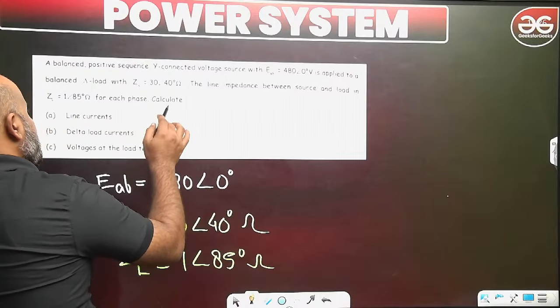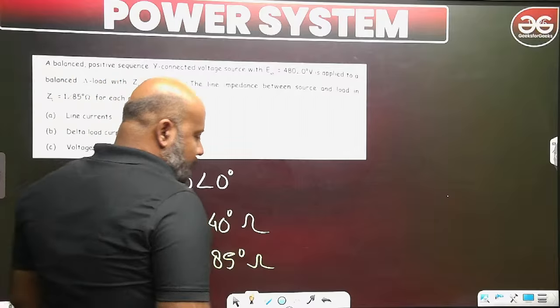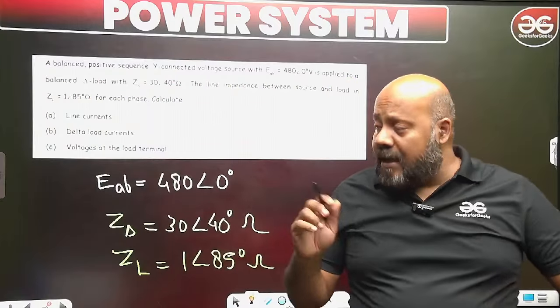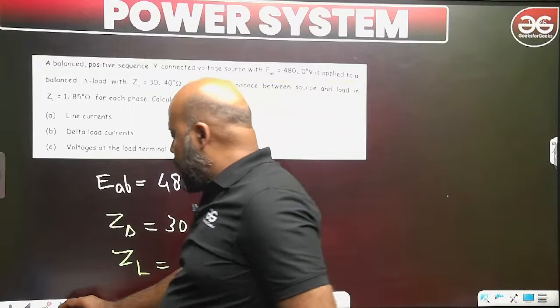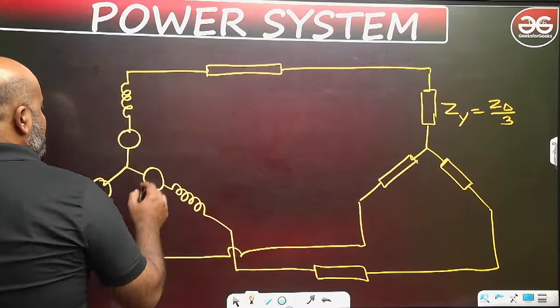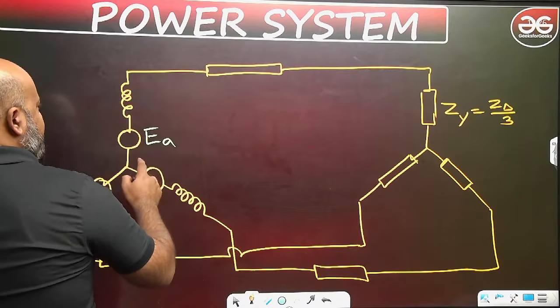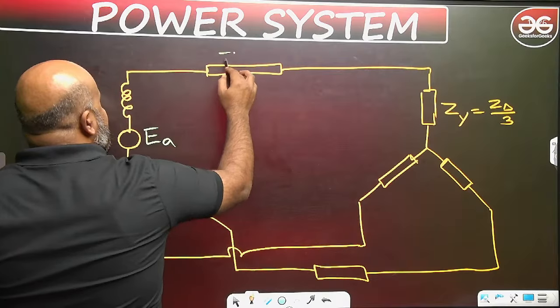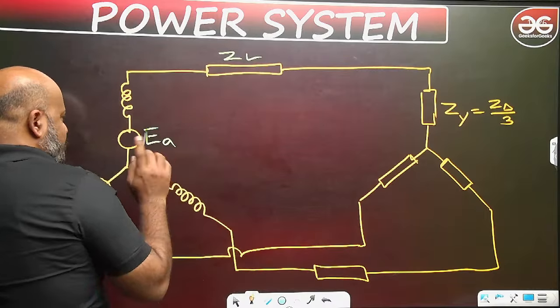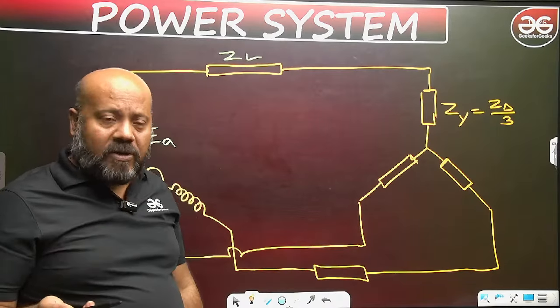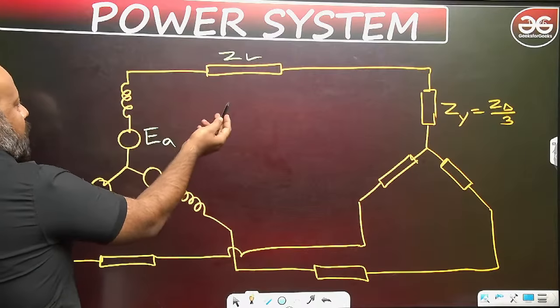For each phase. He is saying calculate the line currents. Now you can easily calculate it. Why? Because if you see this diagram, if you know what is EA, and this is ZL, and I think the source impedance is not given. If the source impedance is not given, you can just ignore it.